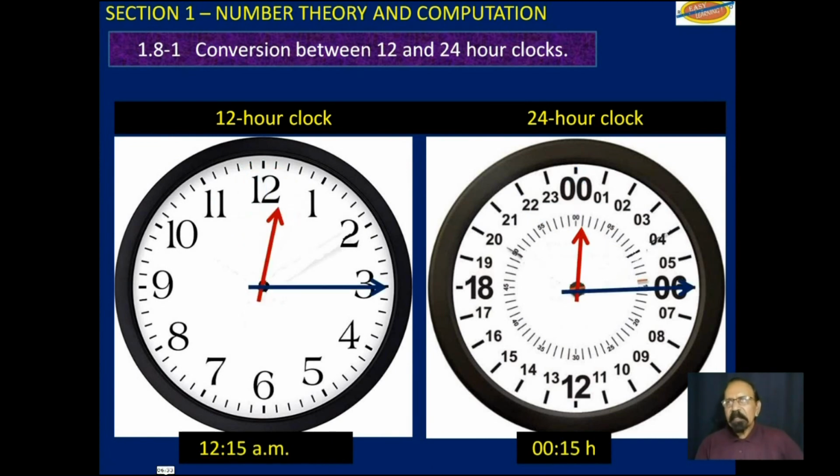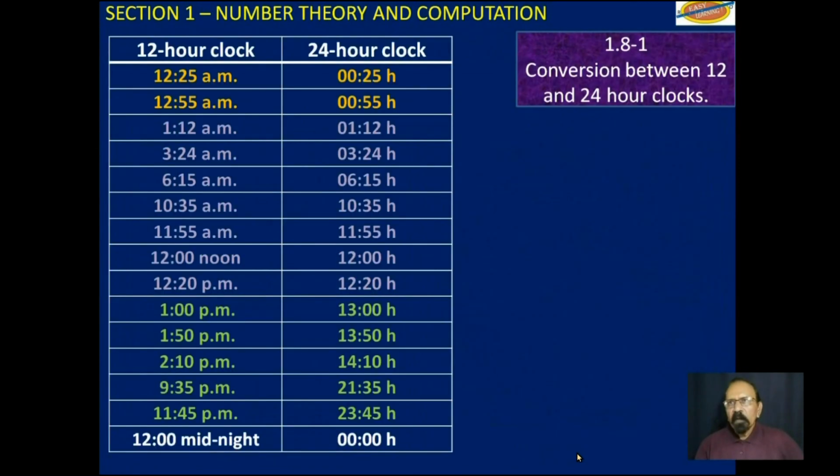Now, if you go past midnight, 12:15 a.m., that is on this clock here, 12:15 a.m. On the 24-hour clock, if you add 12 to 12, you will get 24, but you don't write 24. You write 0015 hours.